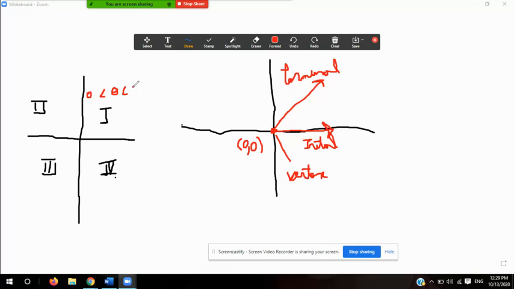And what that is indicating is that in the first quadrant, you're going to find any angle from 0 degrees all the way up to 90 degrees. You're not going to see anything above 90 in quadrant 1.